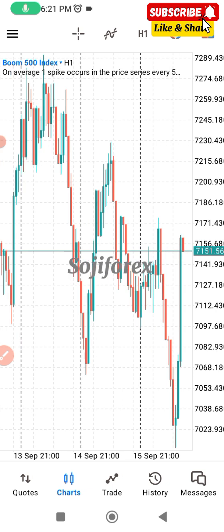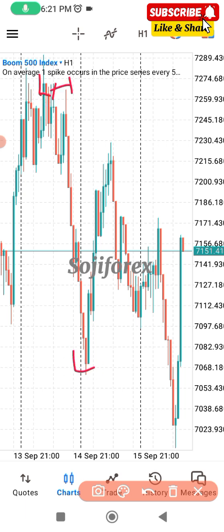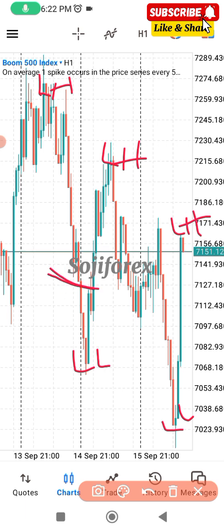What it implies, for instance, in this market scenario, is that you will see price making a series of lower high, lower low, lower high, lower low, and we are thinking we'll be having a lower high somewhere here based on this particular movement.